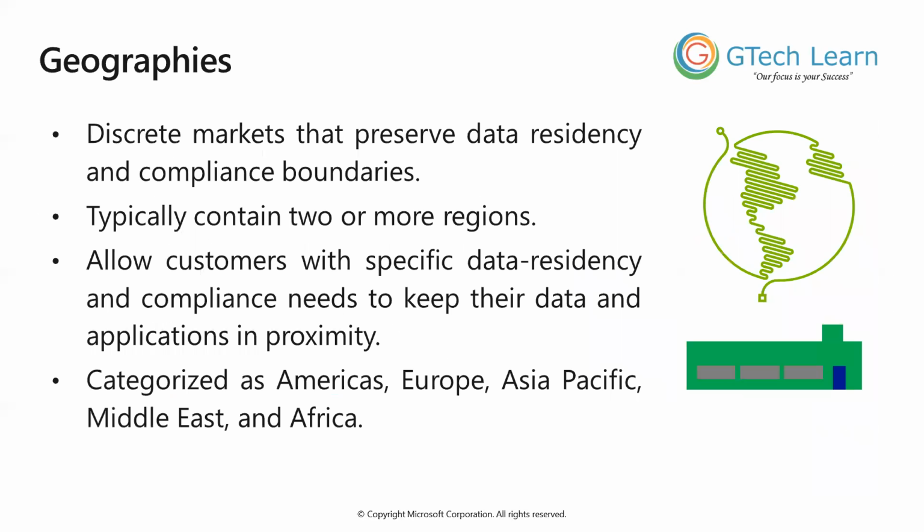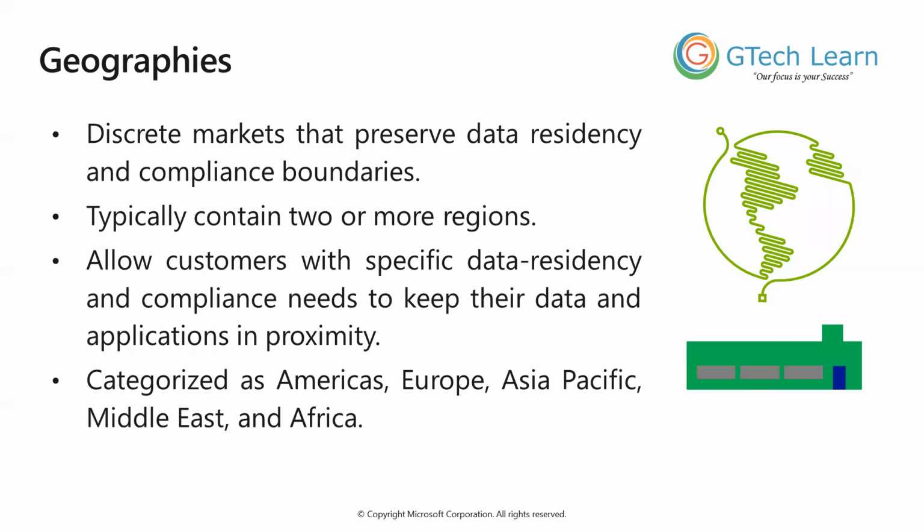Okay, next, geographies. I have already talked about what a geography is. It is a discrete market that preserves data residency and compliance boundaries. And a geography will have at least 2 or more regions. Like if we are talking about the United States of America, it will have 2 or more regions like US West, US East, Central US. Similarly, if Europe is a geographical area, it will have 2 or more regions like UK South, UK East.